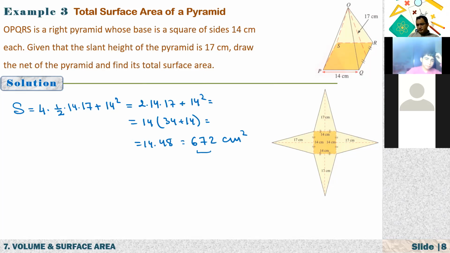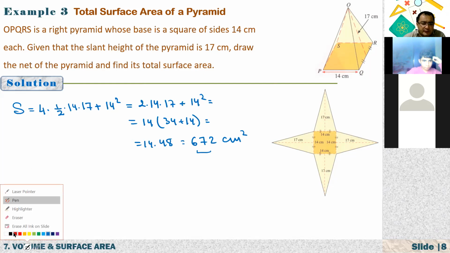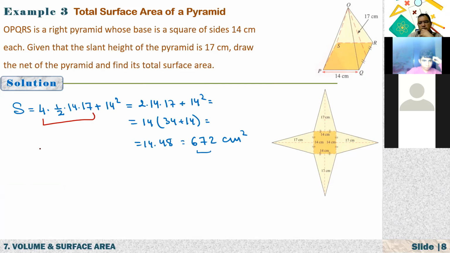Yeah, the 4 multiplied by... Yes, 4 times 1/2. Are you talking about this one? Yeah, how did you get it? I didn't understand. Here we are looking for this one, right?